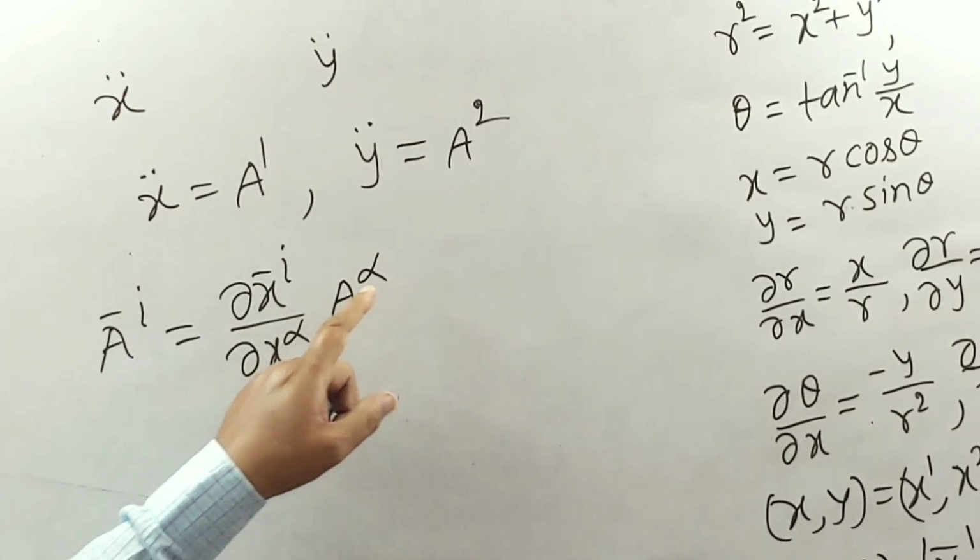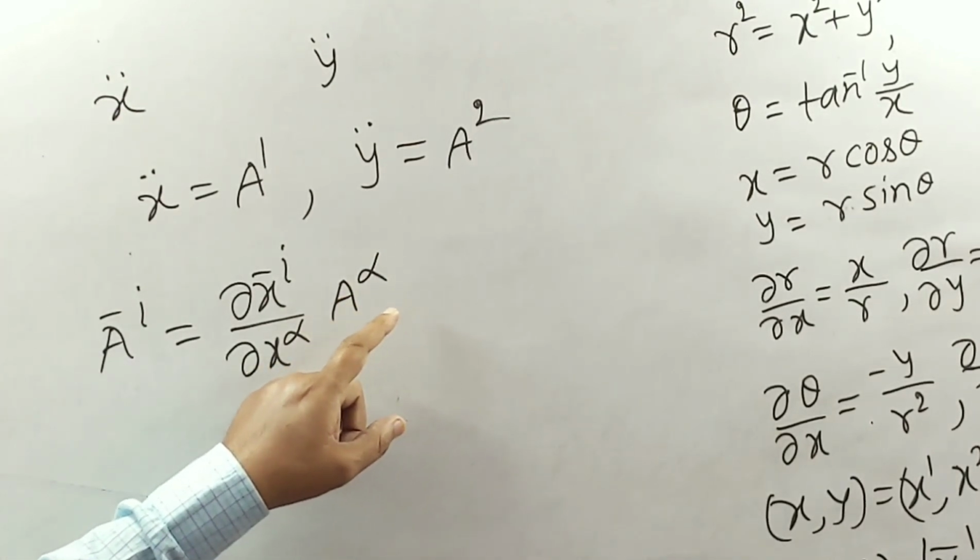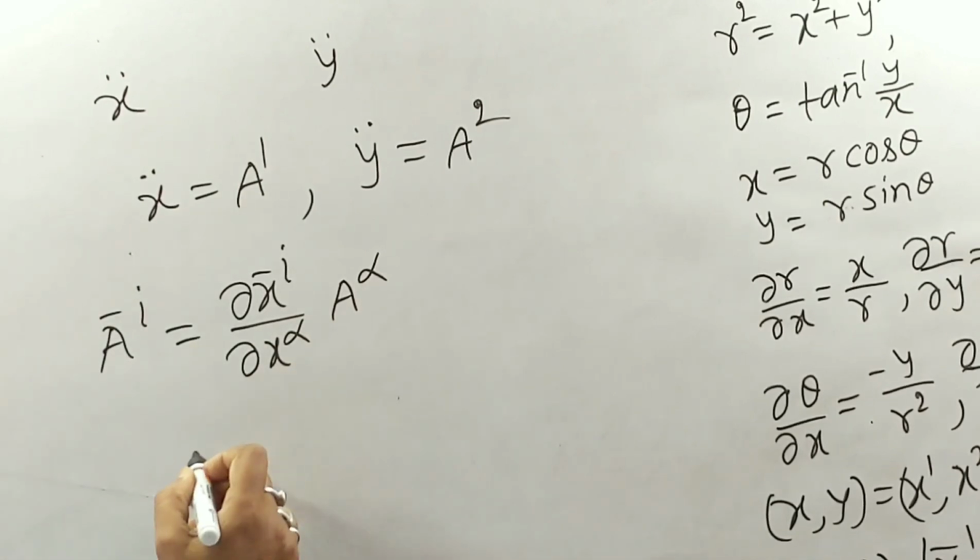Here alpha is the dummy suffix, so it represents the summation.